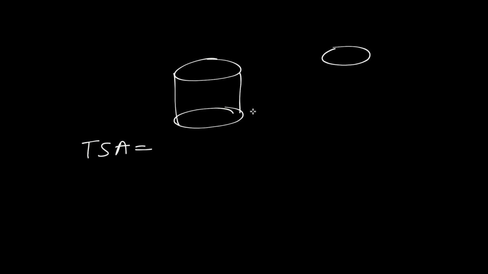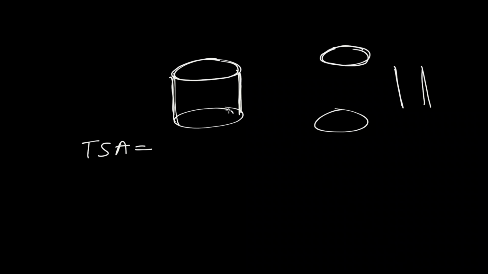Now we are going to take the same cylinder, but we are going to find the total surface area. This is the top circle, this is the bottom circle, and we have one shape like this, which is exactly the side of the cylinder. I am taking the top circle separately, and the bottom circle separately.